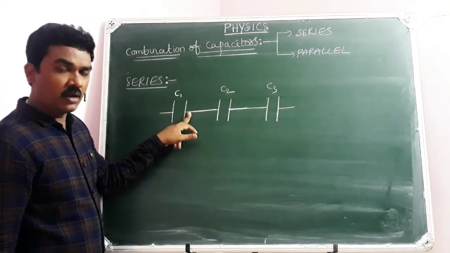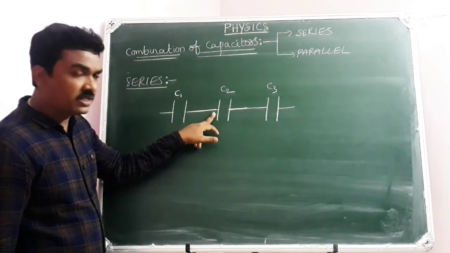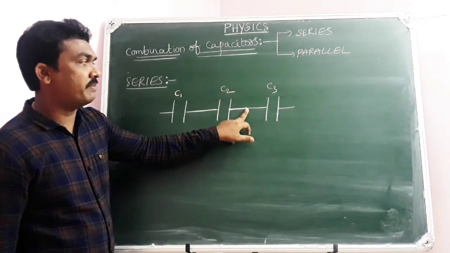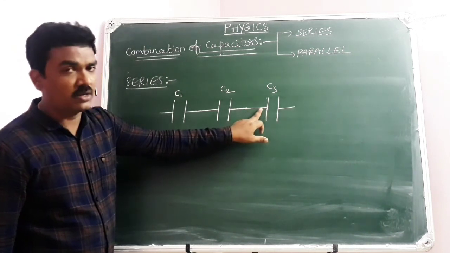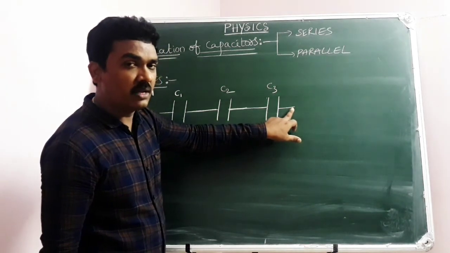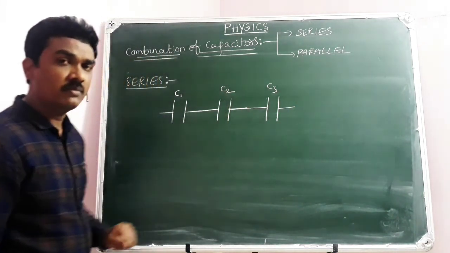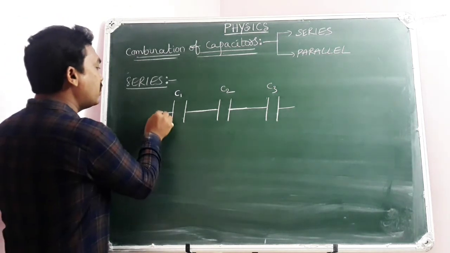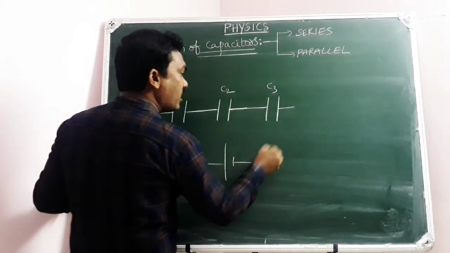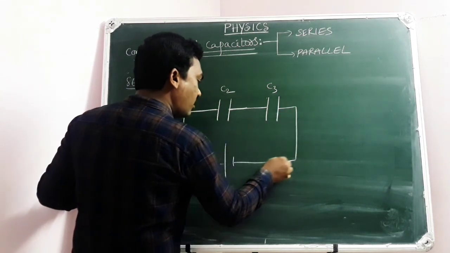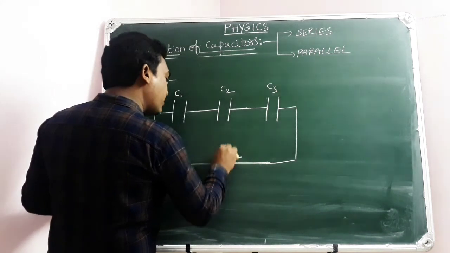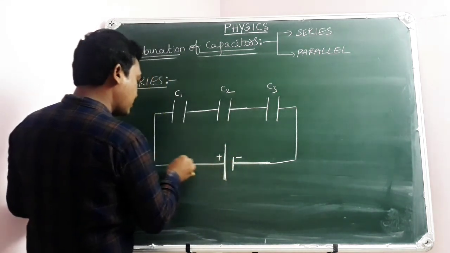The second terminal of the third capacitor will be given to the first terminal of a fourth capacitor. And this combination will be given to an external source of charge, which is a cell or battery. Now I am connecting in that way, and now I am going to charge the capacitors.